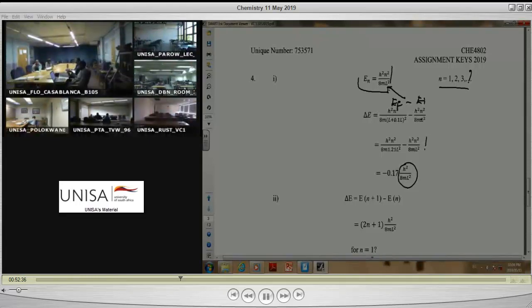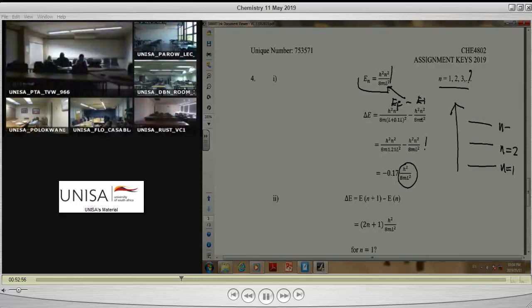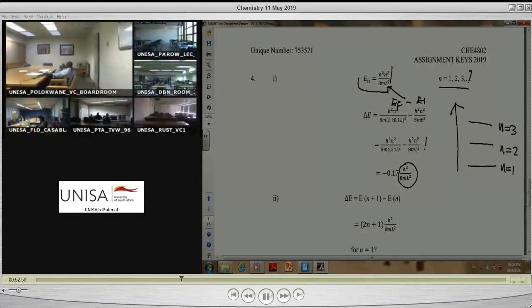We're talking about energy level. So I'm writing now, can you see that? Yes, it's written more.